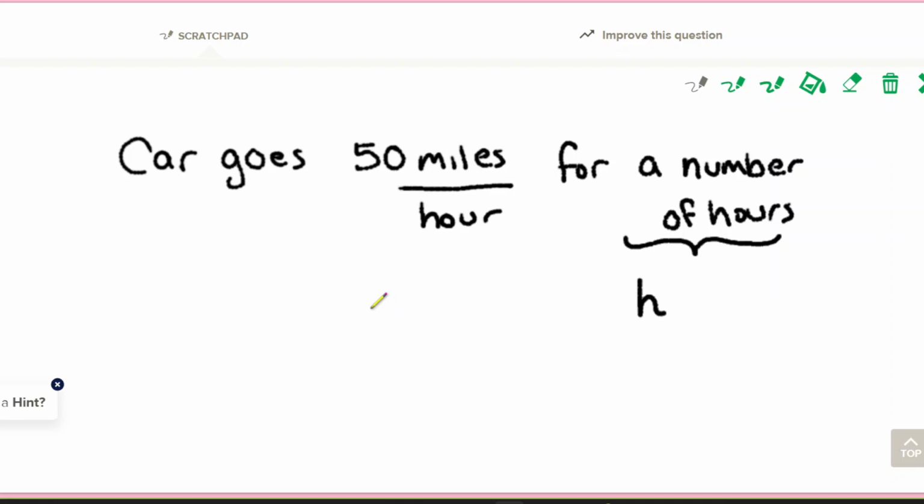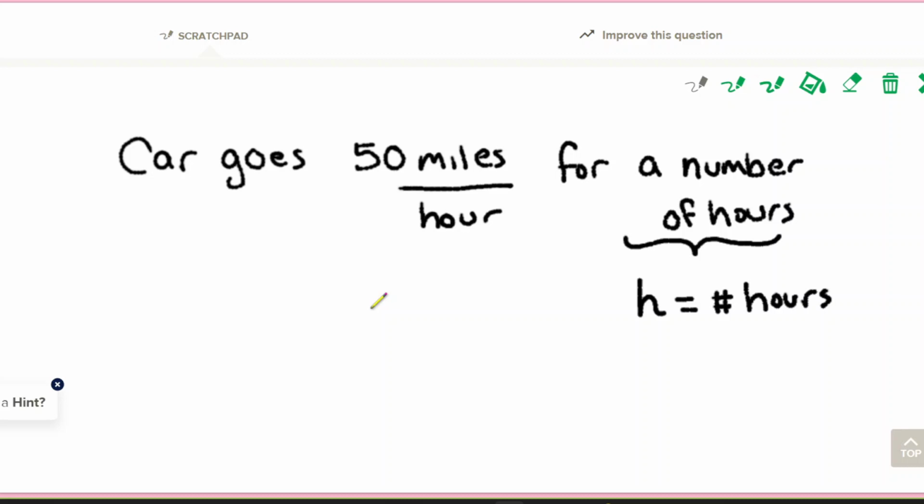I'll let H be the number of hours the car travels. Right. So you'll identify your unknown quantities, what's unknown to you, and call it something. Assign that unknown quantity a variable or some full expression. It doesn't have to be a single letter, but most often it will be a single letter.